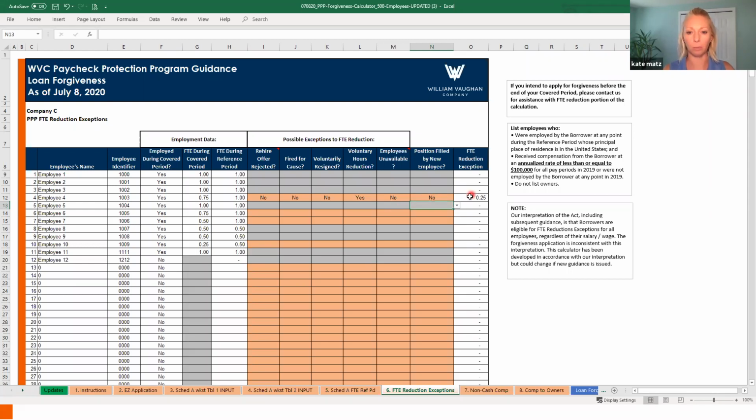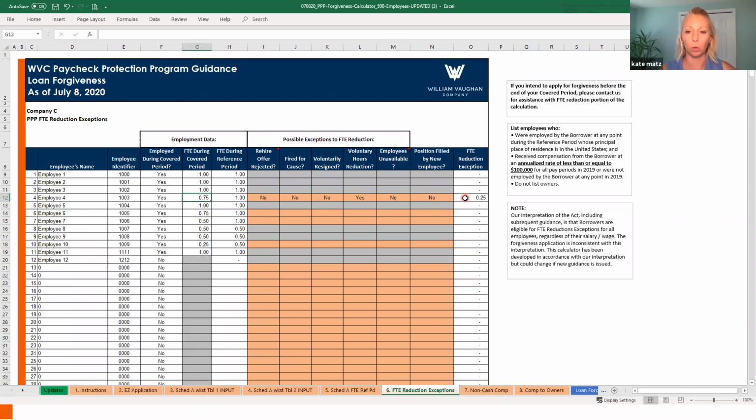So when we did that, we have this 0.25 that populates in this FTE reduction exception column. And what that's doing is saying, all right, you've got 0.75 that they actually were paid during the covered period and are included in that Schedule A FTE number. You've got a full FTE during the reference period. So you have this 0.25 reduction, but they meet one of these exceptions.